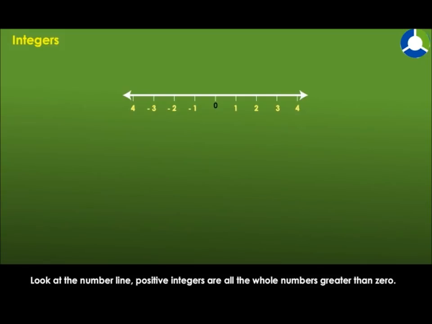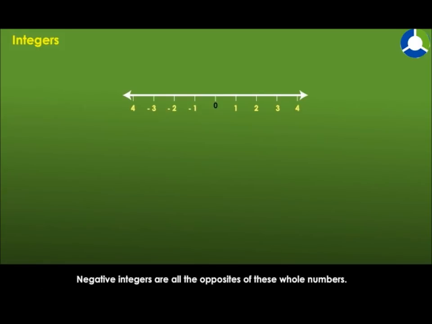Positive integers are all the whole numbers greater than 0: 1, 2, 3, 4, etc. Negative integers are all the opposites of these whole numbers: -1, -2, -3, -4 and so on. We do not consider 0 to be a positive or negative number.